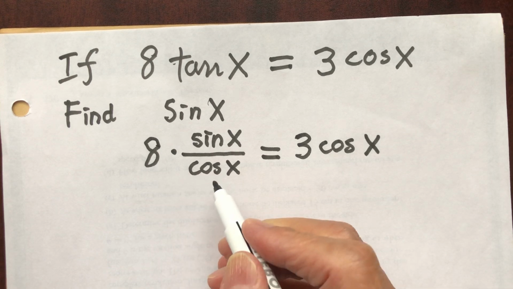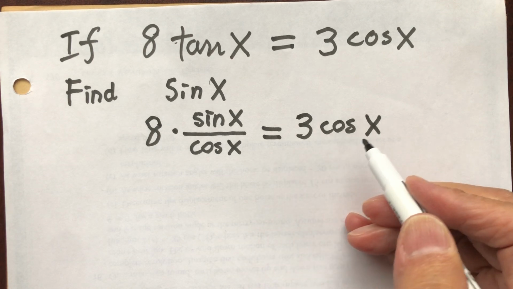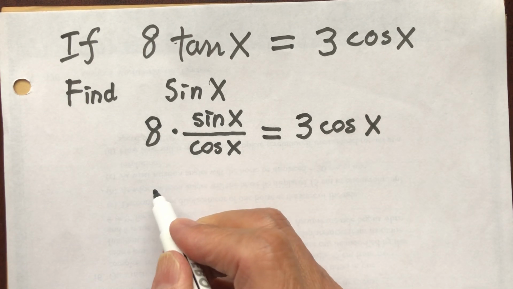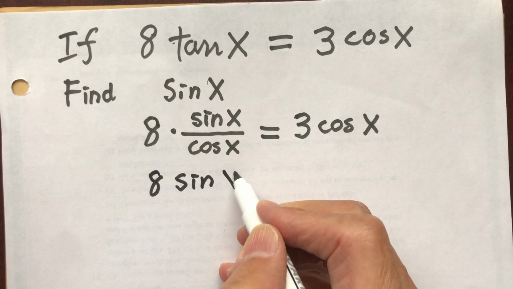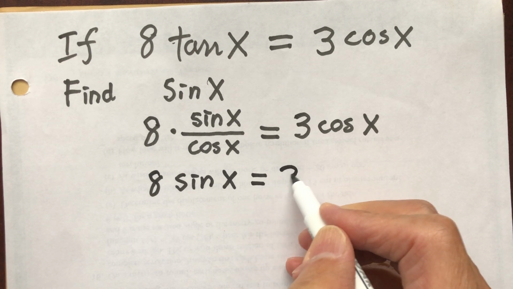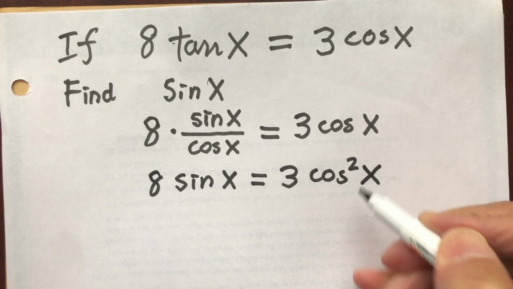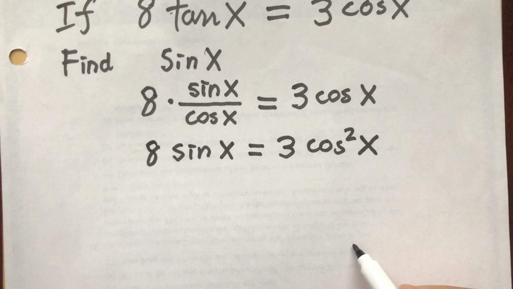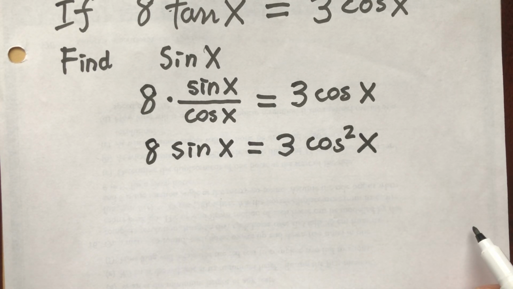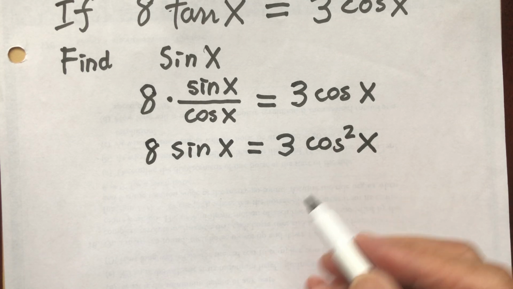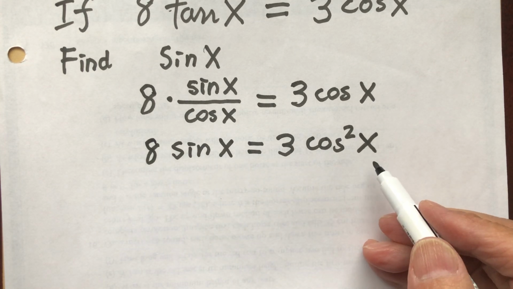Then you get rid of the denominator. I multiply left and right by cosine x. I have sine and cosine in this equation. I can change cosine square to sine square, and then I have everything in sine.